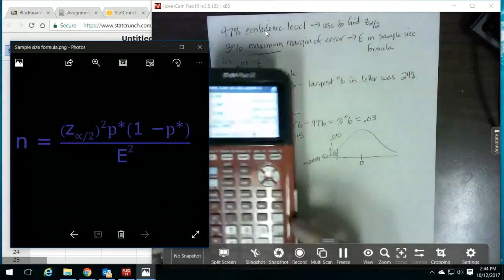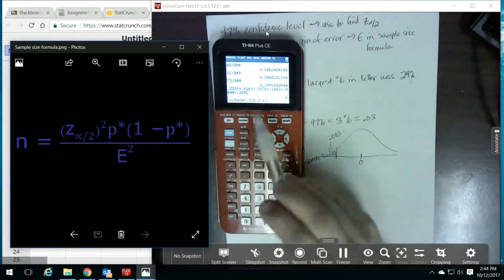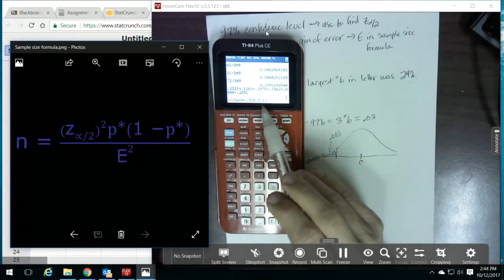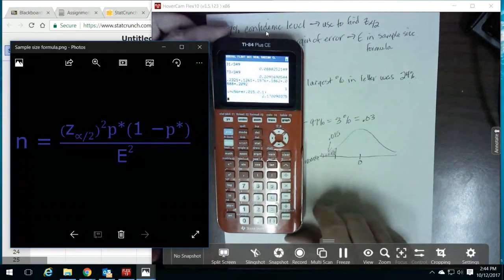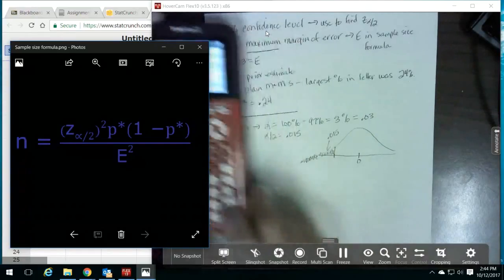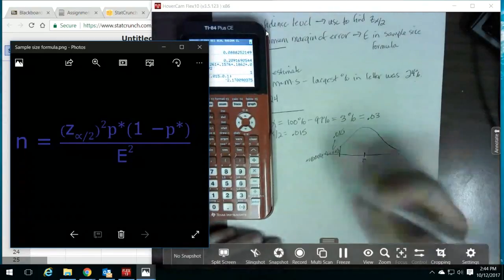Okay, so let's see if I can get this where you can actually read it. This is what this would look like. I'd have inverse norm, 0.015, a comma, a 0, a comma, and 1. That's going to give me a negative number. For my critical value, I just take off the negative. So I'm going to take that and round it to 2 decimal places.